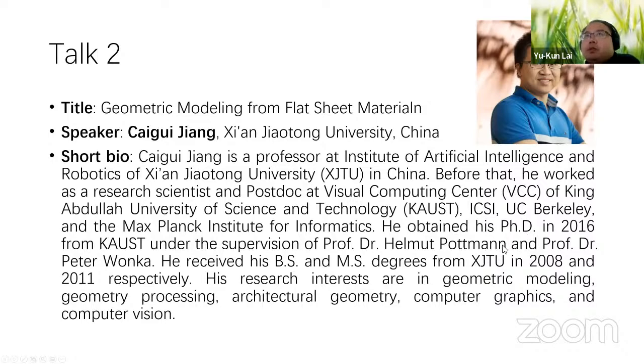Before that, he was a research scientist, a postdoc at BCC of KOST and ICSI, UC Berkeley, Max Planck Institute for Informatics. He obtained his PhD from KOST under the supervision of Professor Helmut Poltmann and Professor Peter Bonker. He has done lots of interesting work in the areas of geometry modeling, geometry processing, architectural geometry, graphics, and computer vision. Okay, Taegui, I think the time to hand over to you.